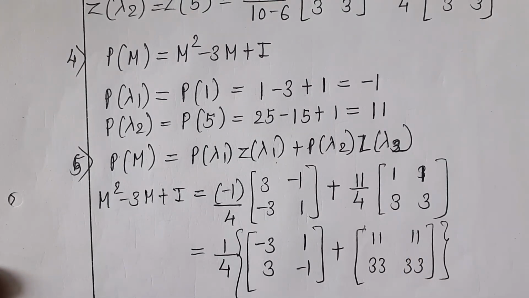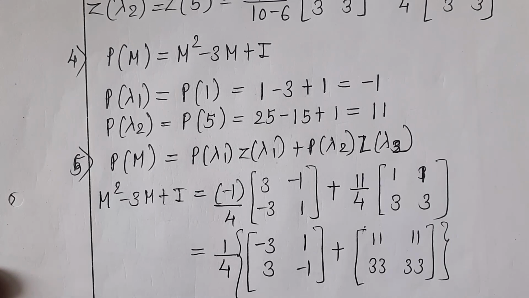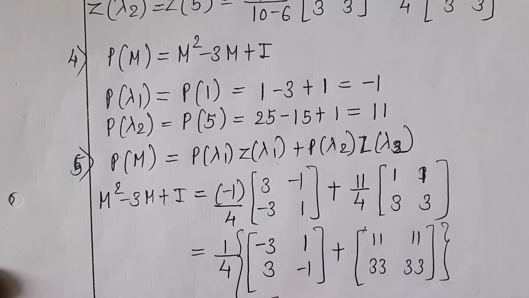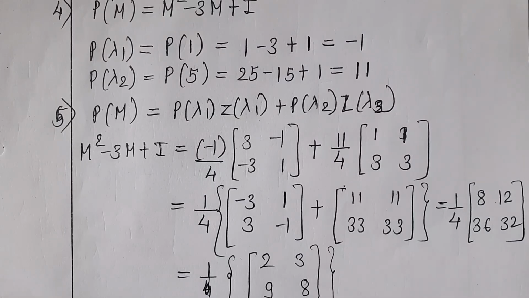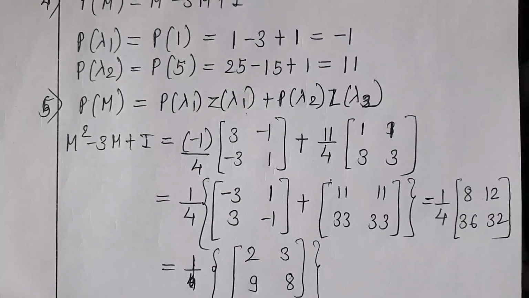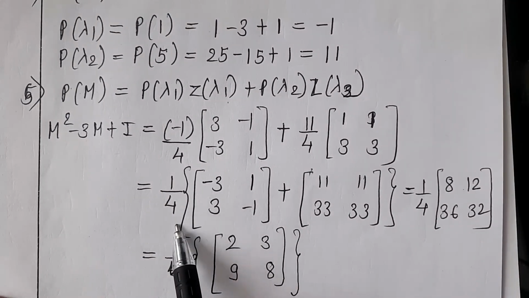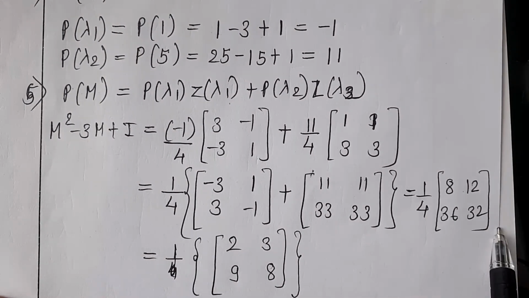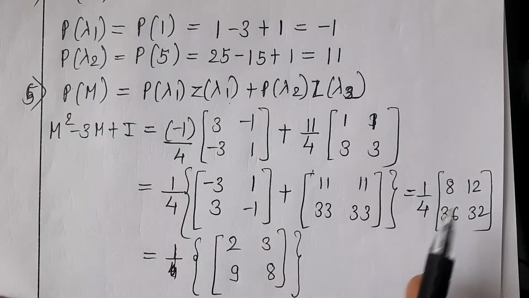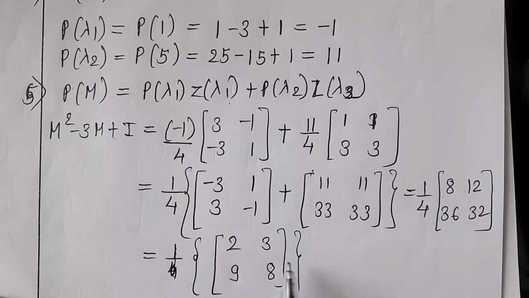So this is equal to 1 by 4 times the addition of these two, and we obtain the result 1 by 4 times 8, 12, 36, 32. If we divide it by 4 we get 2, 3, 9, 8.